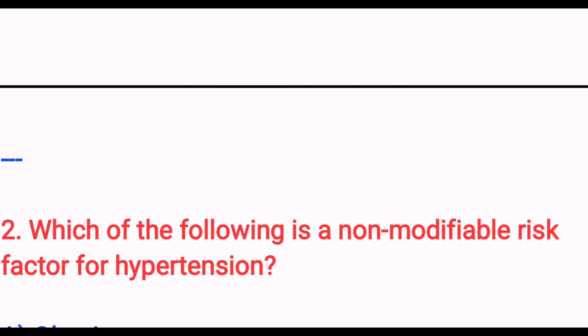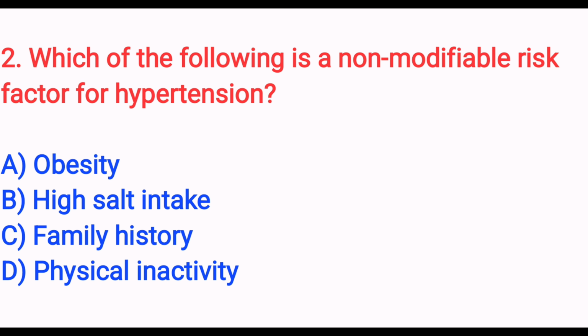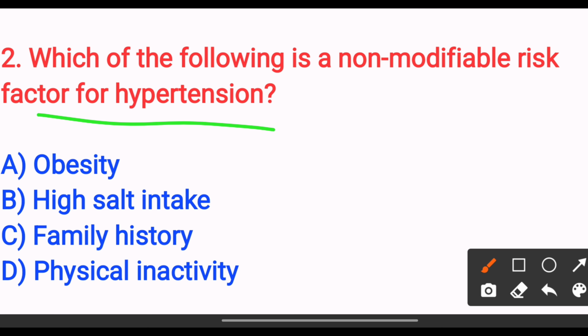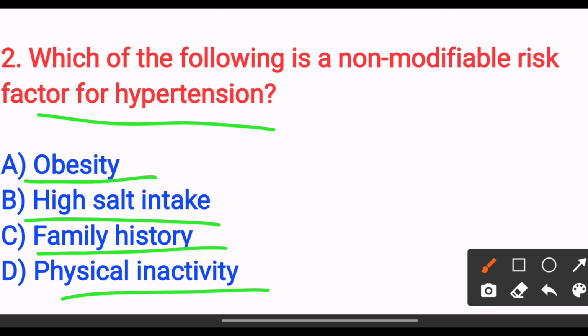Next, which of the following is a non-modifiable risk factor for hypertension? Option A obesity, option B high salt intake, option C family history, option D physical inactivity. The answer is option C, family history, you cannot modify it.